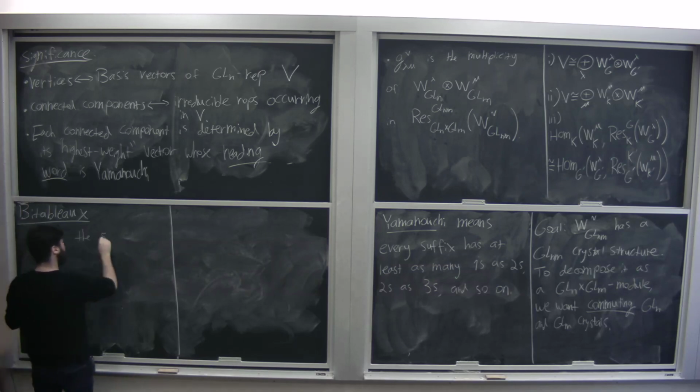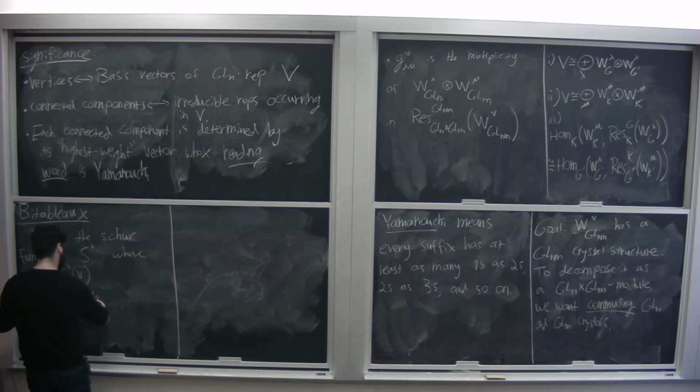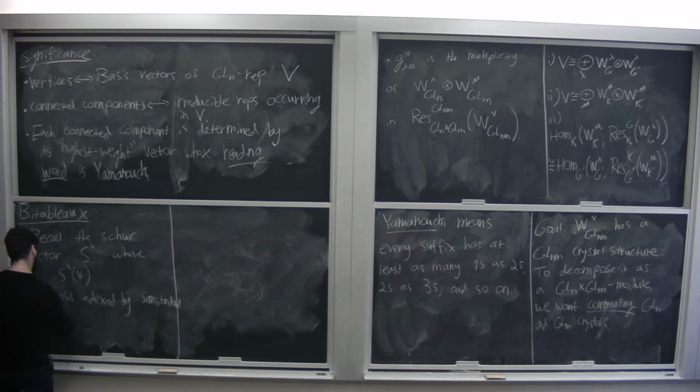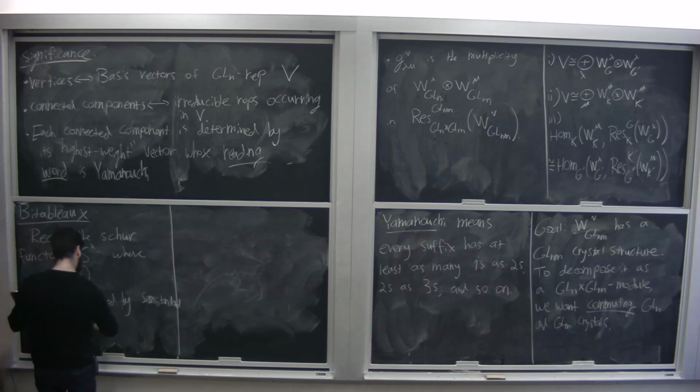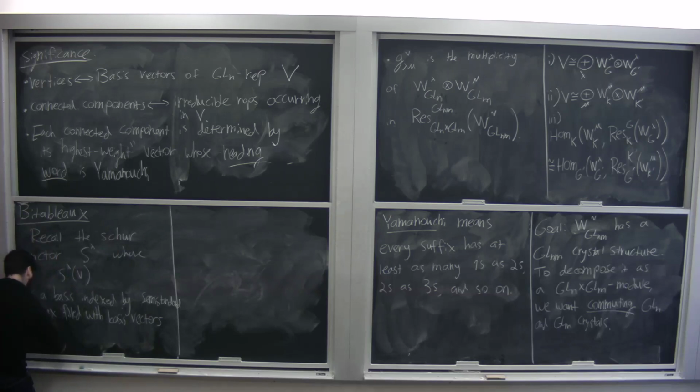So recall the Schur functor S lambda, where S lambda V has a basis indexed by semi-standard tableau filled with basis vectors of V. So again, here I've chosen a basis for my space V, and S lambda of V has a basis indexed by semi-standard tableau, which are filled with those basis vectors.